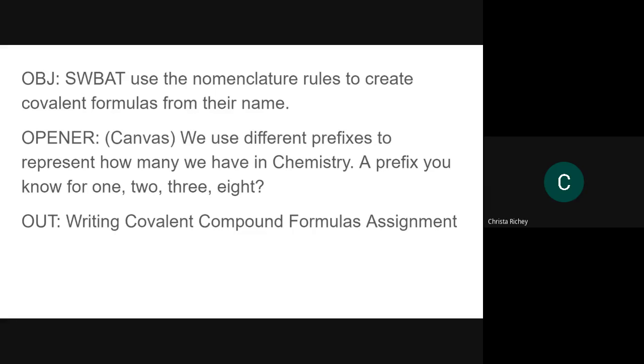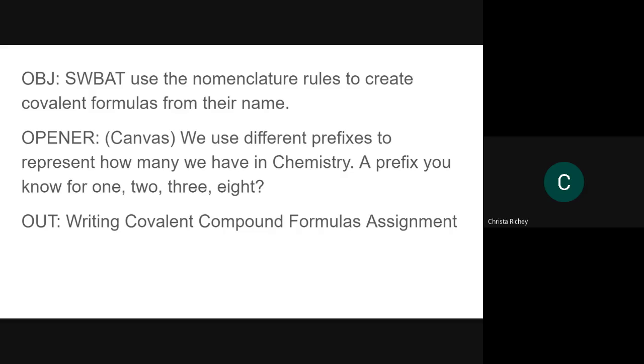So no polyatomics, no parentheses, no charges, no crisscrossing, none of that. No Roman numerals, none of that today. It's so much simpler. But what we do need are prefixes, because prefixes tell you how many.